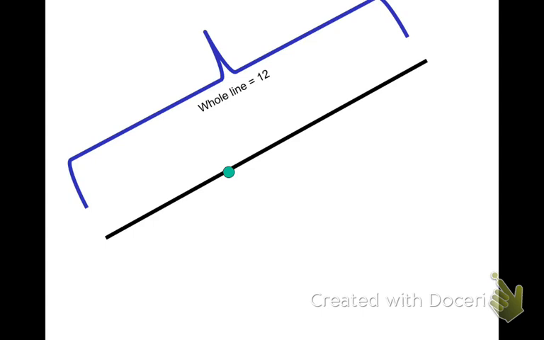So the whole line is equal to 12. All right, so then you'll put a dot just like I have. Is this piece the 1/3 or the 2/3? This would be the 1/3 just because you can eye it. So that means the other piece would be 2/3.